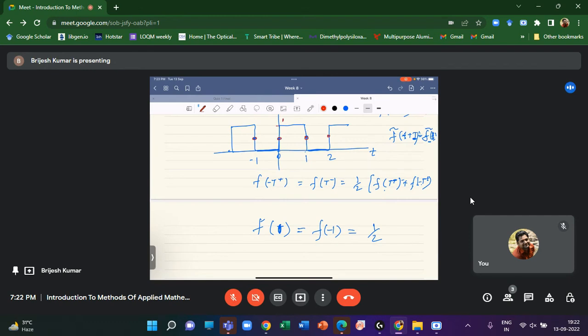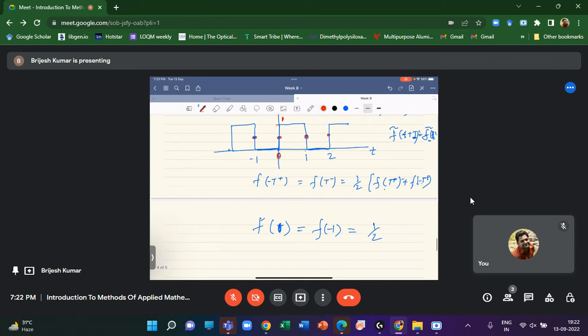So this will be 1 and this will be 0. Similarly, many functions you can just derive like that.